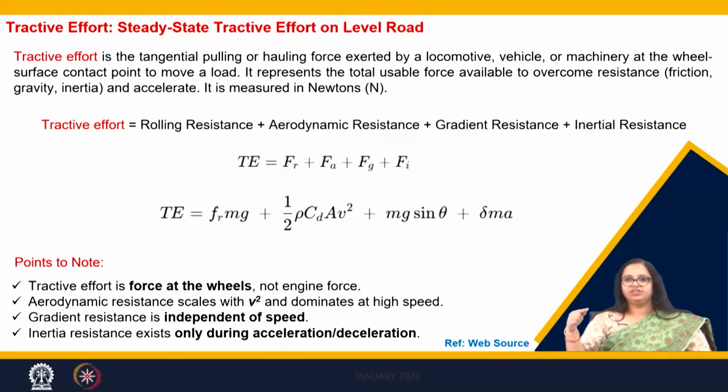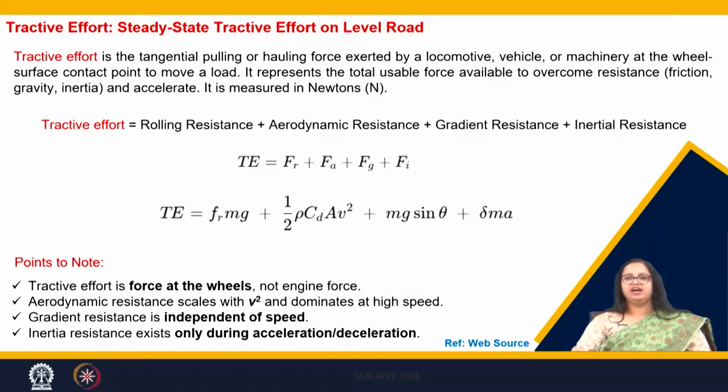When the tire is moving, how much effort it has to resist, or what are the resistances coming to the acceleration in order to make the vehicle move, is defined by the tractive effort.